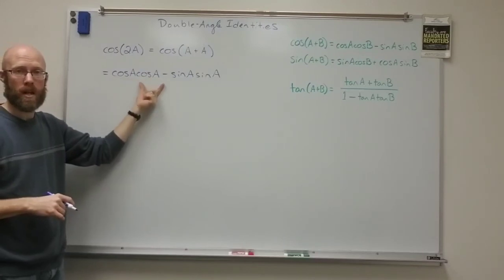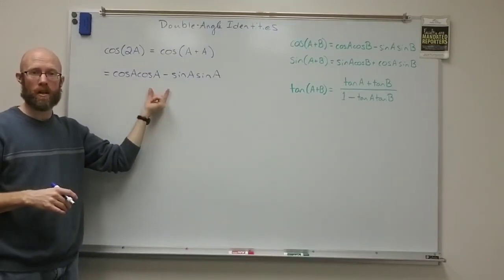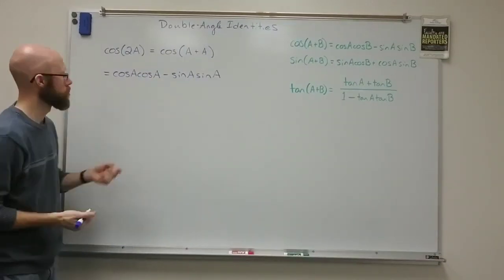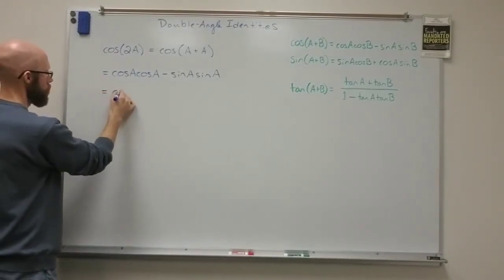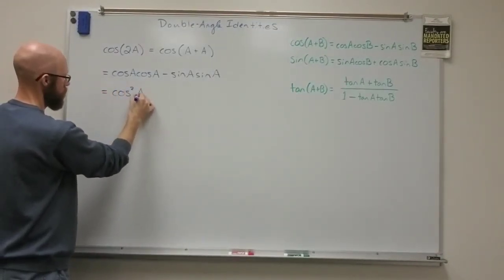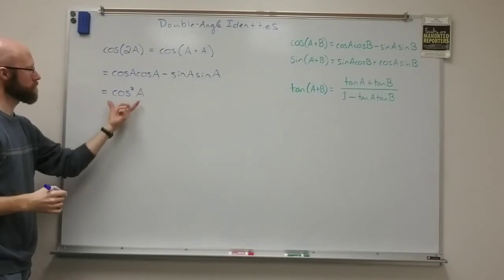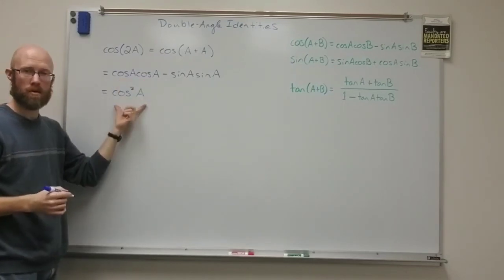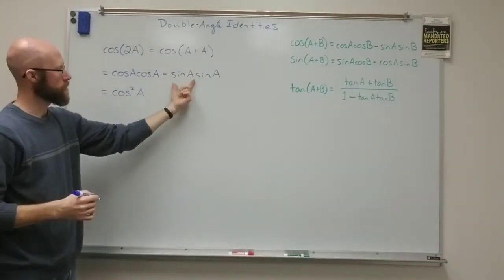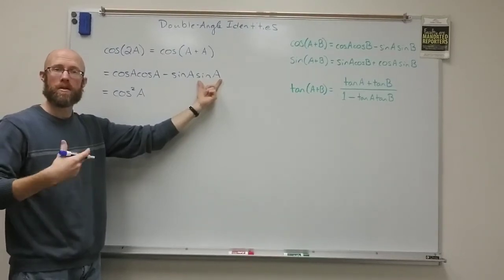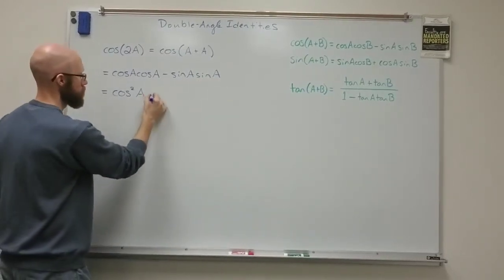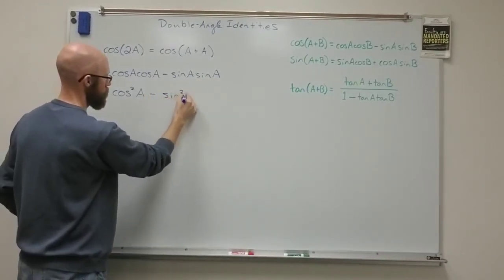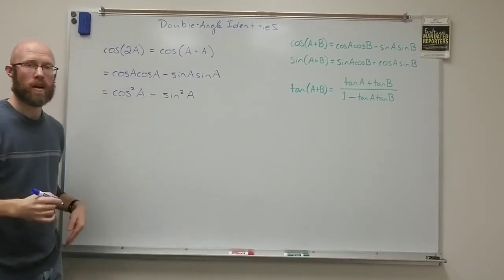Cosine a times cosine a. Anything times itself is that thing squared. So this is really equal to the cosine squared of a, right? Cosine squared, cosine times cosine. And here we have sine a times sine a, which is the same as sine squared, right? So this is minus sine squared a, right?